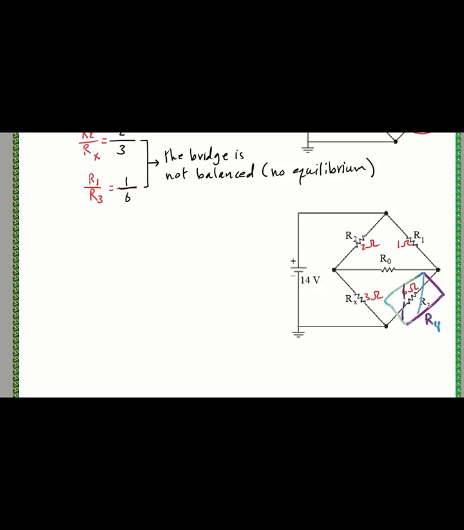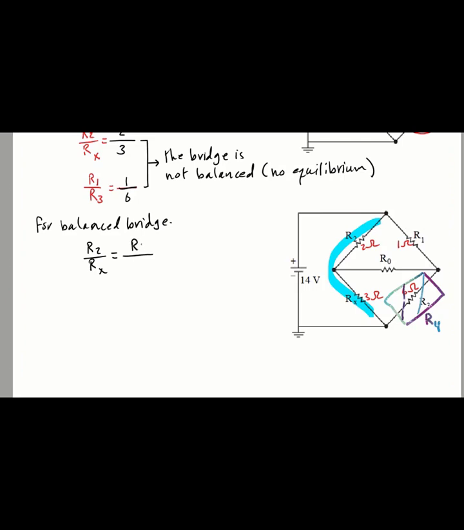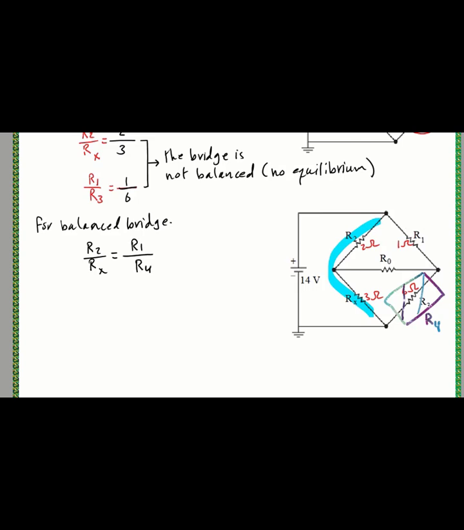Now for equilibrium, or for a balanced bridge, R2 over Rx should be equal to the ratio of the other side, R1 over R4.